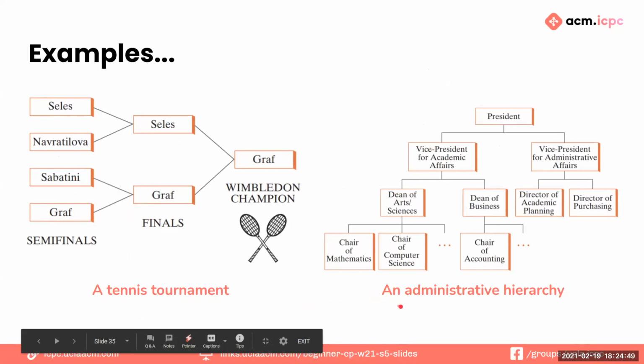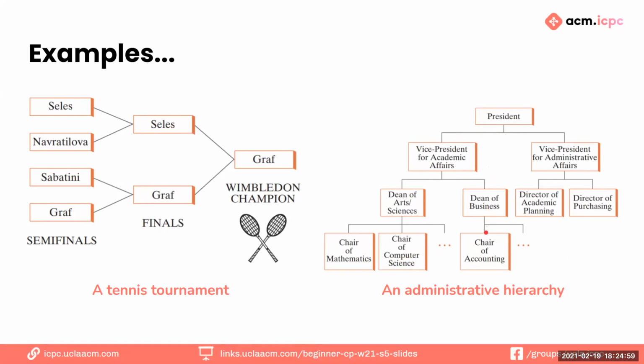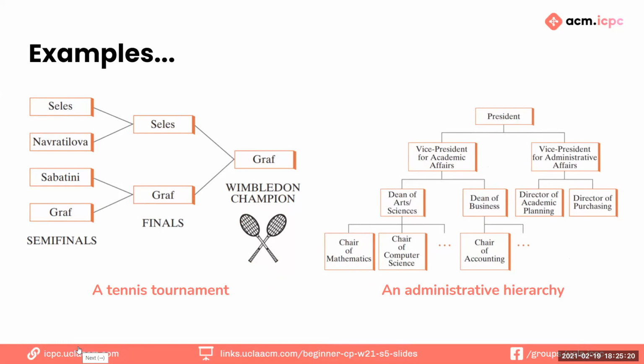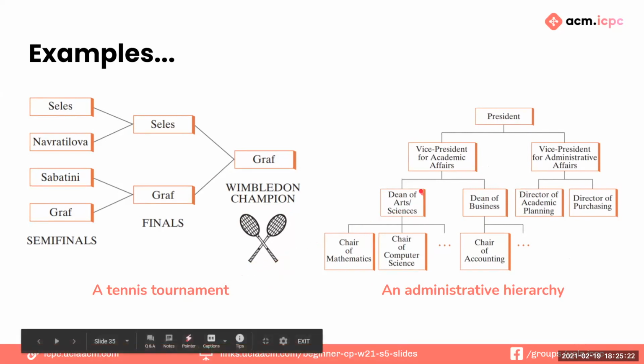You can also represent an administrative hierarchy, or in general any type of hierarchy, with a tree, since they follow this type of branching, no real cycles, everything is connected idea. So this is a tree. And there are definitely a lot of other examples besides these. One that I thought of and don't actually have on the slides is a file structure. How you organize your folders and files on a computer is definitely in a tree structure as well.